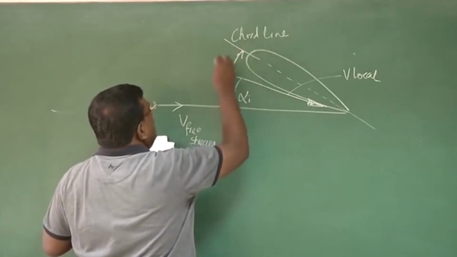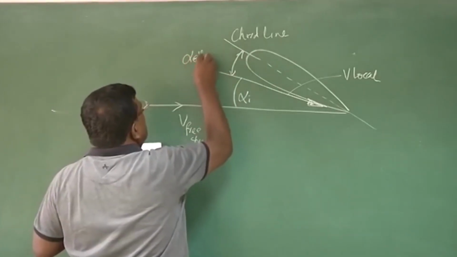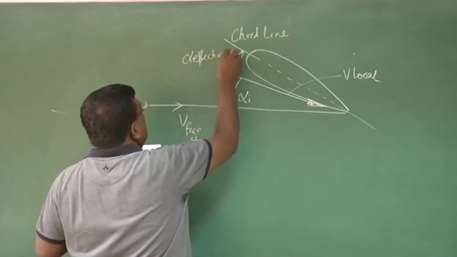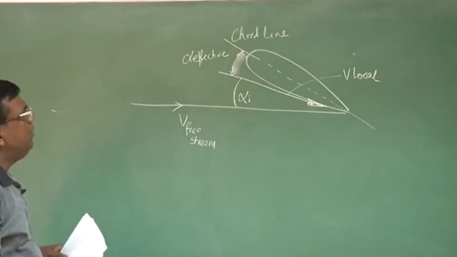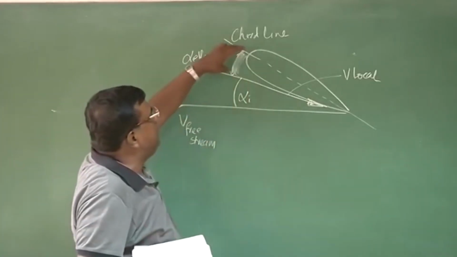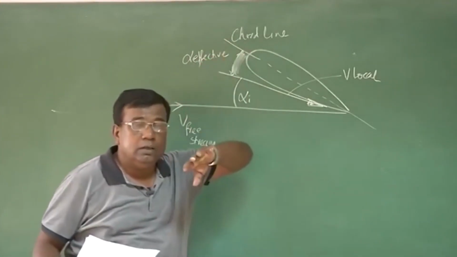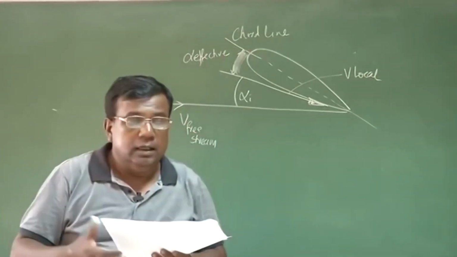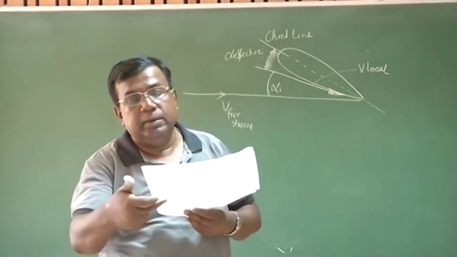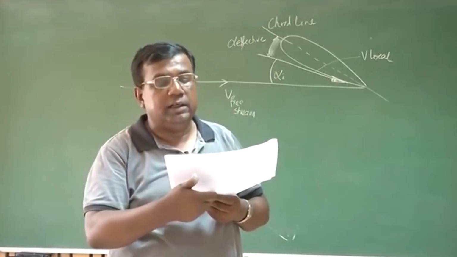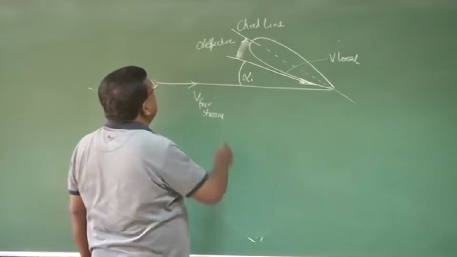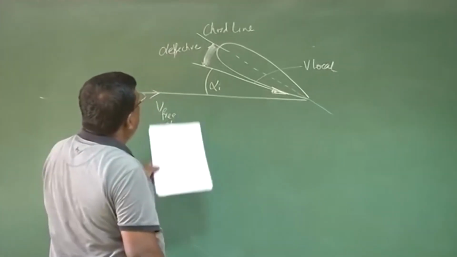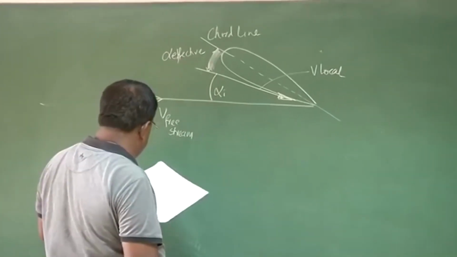All these things we are now familiar with, and this is the angle which I call alpha effective, because as far as the wing is concerned, all the lift generation will happen because of this angle. Coming back to the basic idea, the lift will depend upon the angle between the local velocity vector and the surface or chord line. So this is alpha effective, and alpha I is the induced angle of attack.